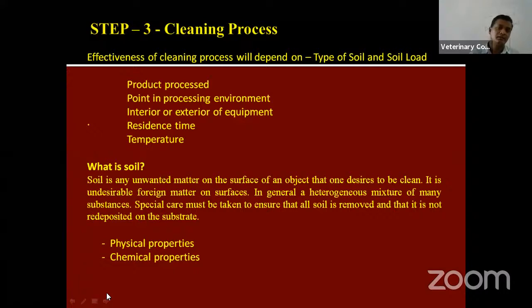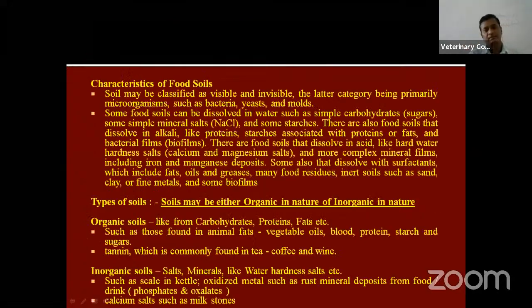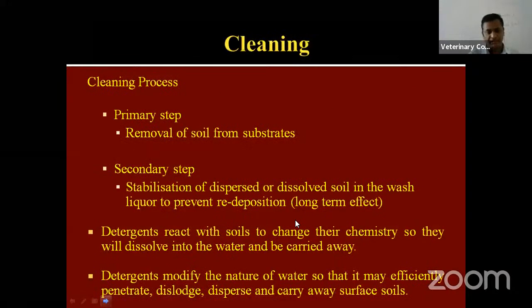Then once this cleaning is over, the remnants of the detergent and the soil have to be eliminated by the rinsing process. Then once all of them are removed, sanitization, and after sanitization, drain.